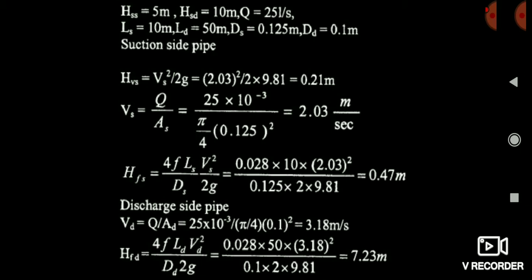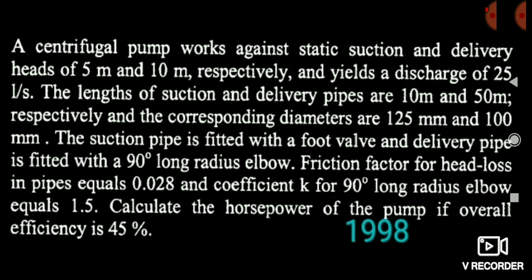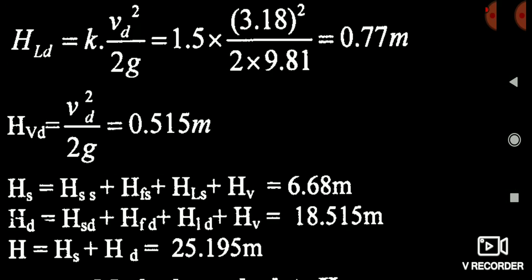And for discharge, we have considered the length, diameter and velocity at the discharge end. So these are different terms and we have to consider each and every term. Now here you can see in the question it has given that the 90-degree long radius elbow coefficient is equal to 1.5.